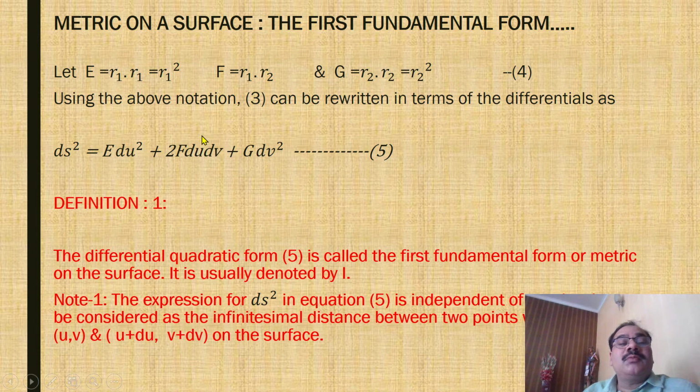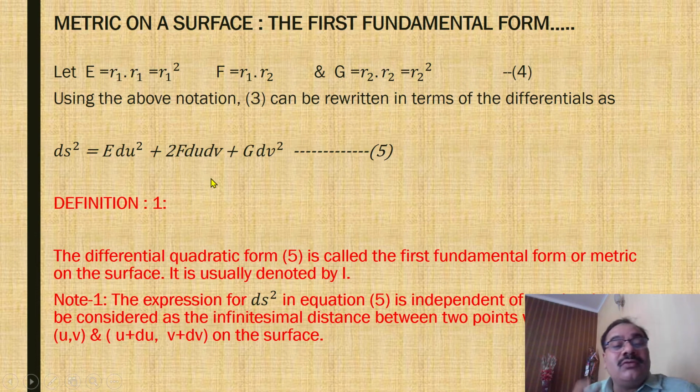Then using the above notation, expression 3 may be rewritten in terms of the differentials as ds² = E du² + 2F du dv + G dv². Now the following definition and analysis arise with the above expression. First, the differential quadratic form of equation 5 is called the first fundamental form or metric on the surface.